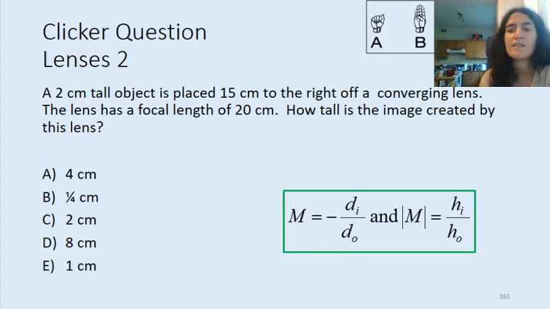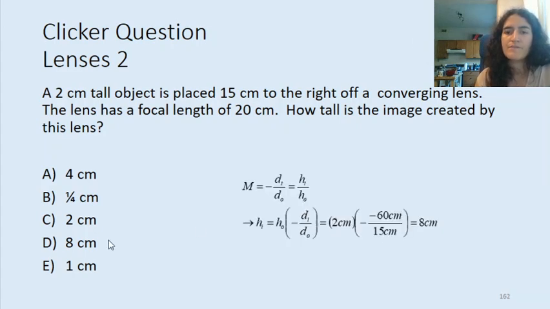But DI is negative, so it would actually end up being upright and 4 centimeters tall. Oh, sorry. No. That's the magnification. The magnification is 4, right? So if the object height is 2, I can solve for the image height, right? So I need 4 times 2, so it would end up being 8 centimeters.